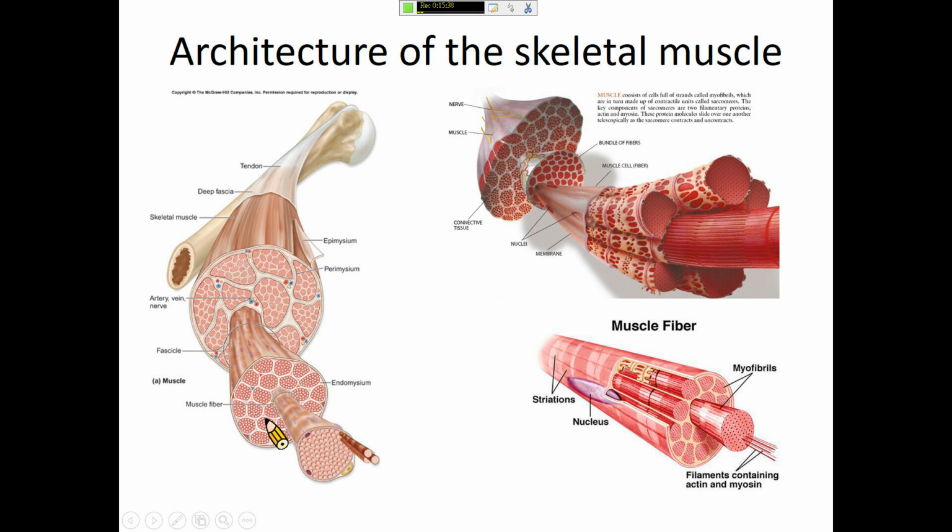Only a couple of muscle fibers are controlled by one nerve. So as soon as the signal arrives, they act. So they are fast responding muscles.